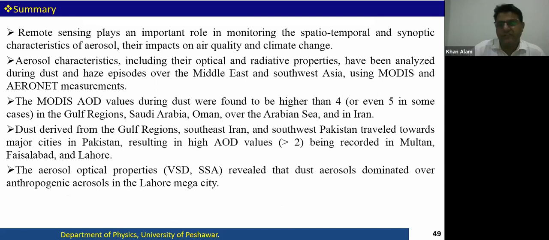These are some of the conclusions. So normally the optical properties of aerosol like volume size distribution and single scattering albedo provide very detailed information about the dust and the biomass aerosol or the smoke particle aerosol, and we see that during the dust time period, the dust is dominant over the urban industrial aerosols.